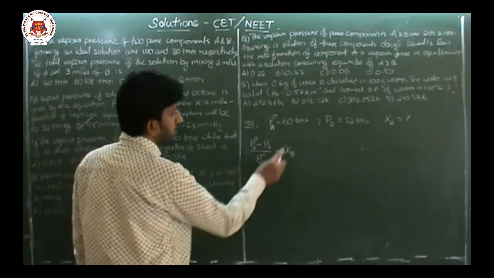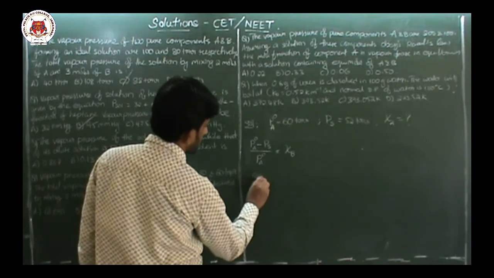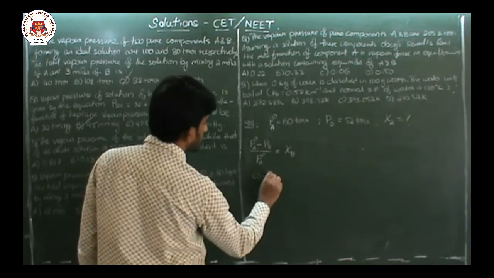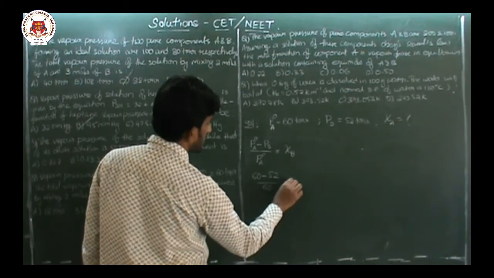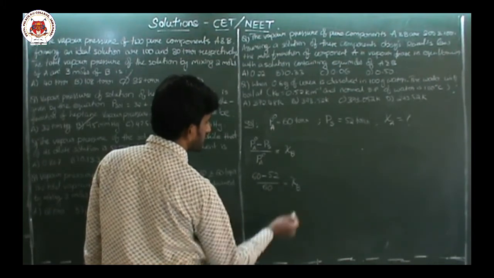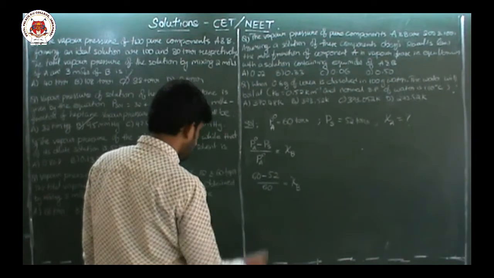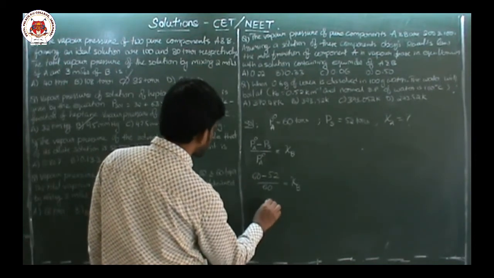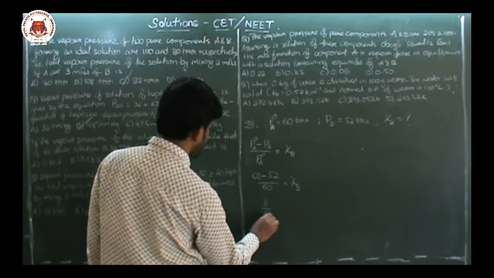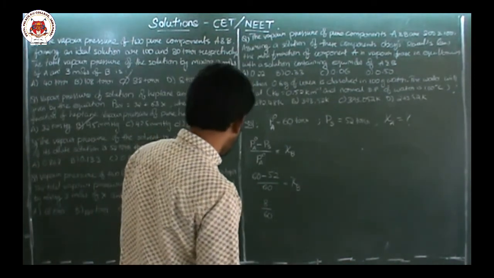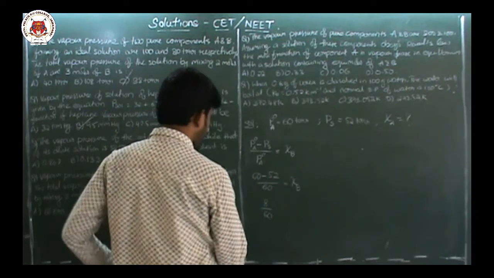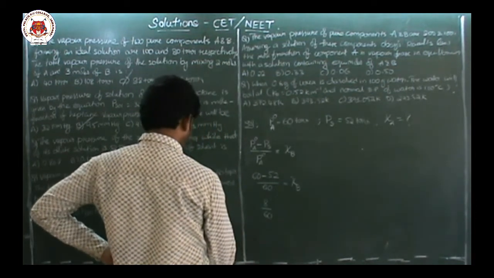So P naught A is 60 minus solution 52 divided by 60 is equal to mole fraction of B. So I can write this as 8 by 60. Now 8 by 60, the calculation can be done.